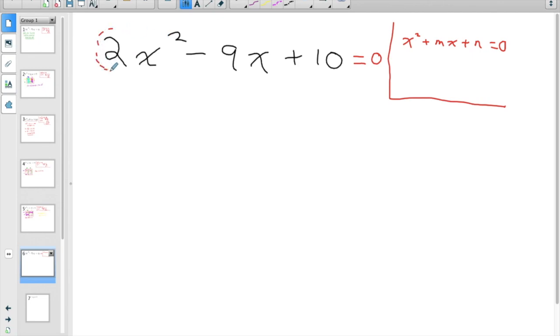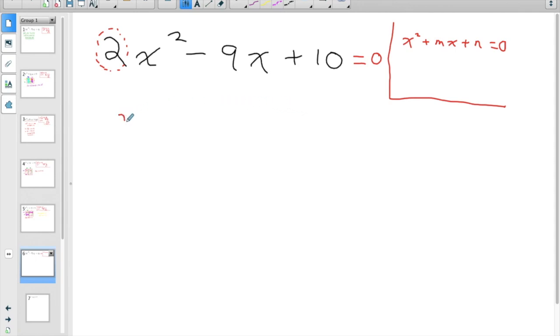Well, most of the time we are going to have something that is not a 1 that we have to account for. So if our a is not 1, we have to first divide everything by whatever our a is.